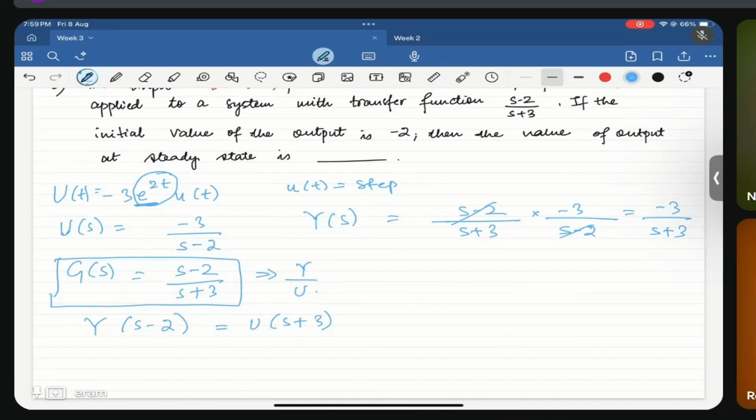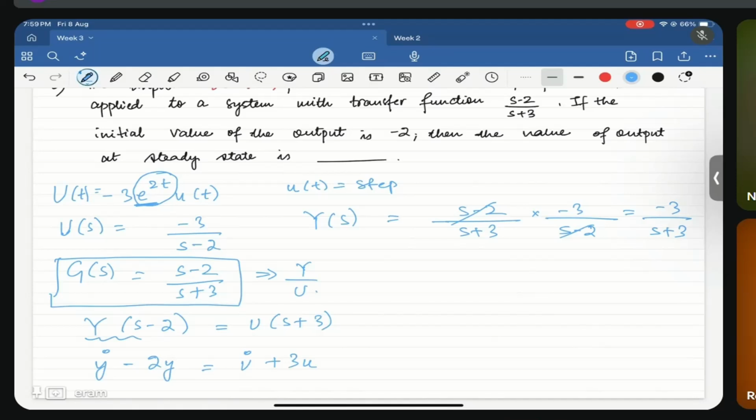So now what if the initial condition was not 0? So this term generally means y dot minus 2y equals u dot plus 3u, okay?